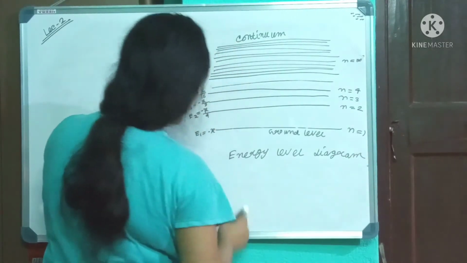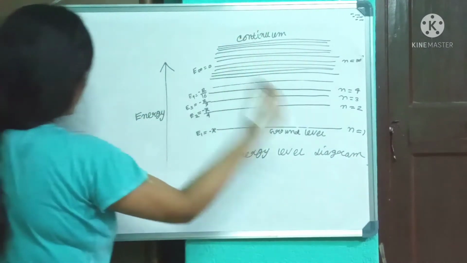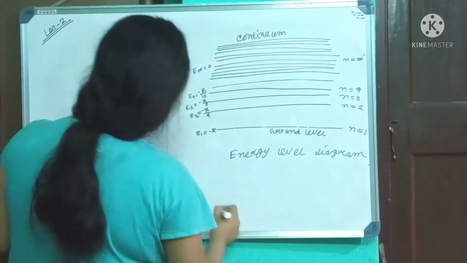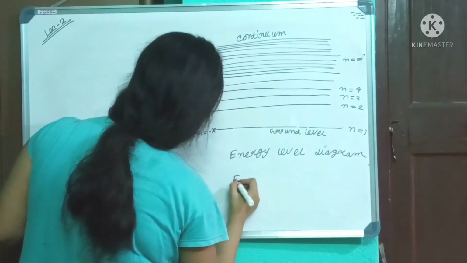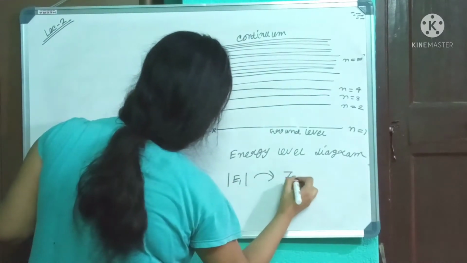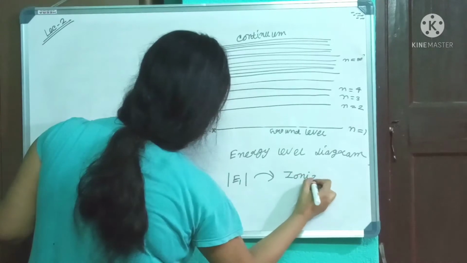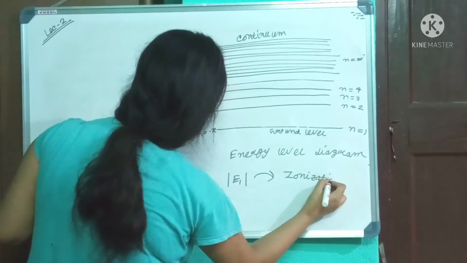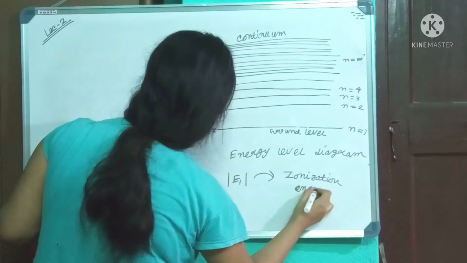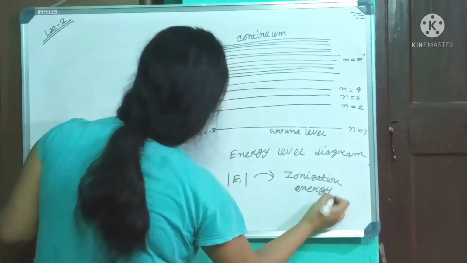So above n equals infinity we get a continuum, and this diagram is called the energy level diagram. Now, the amount of energy required to remove the electron from its ground state is called the ionization energy, which is the mod value of E1. It's called the ionization energy.